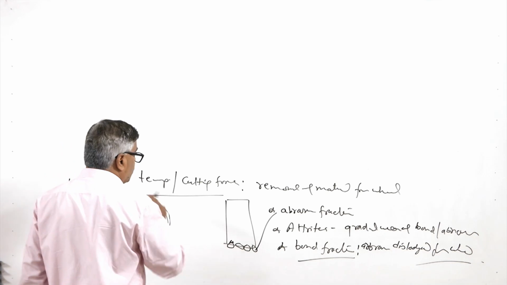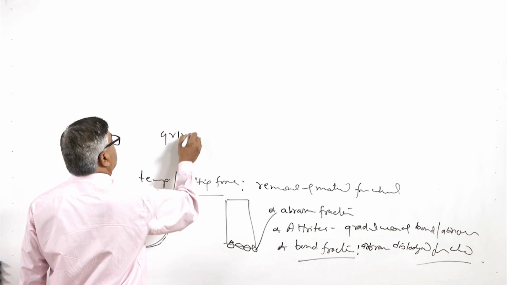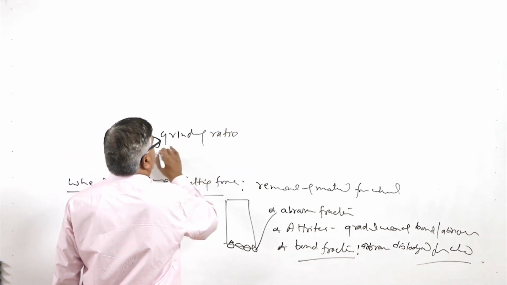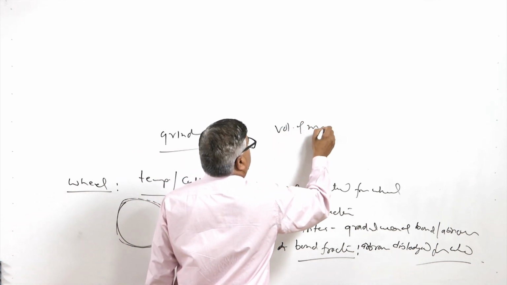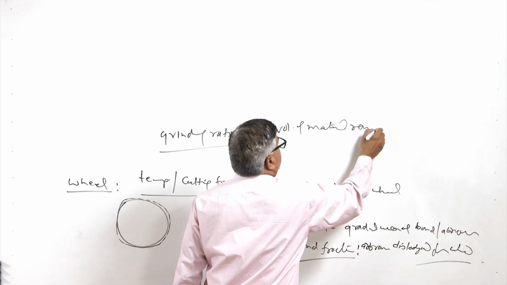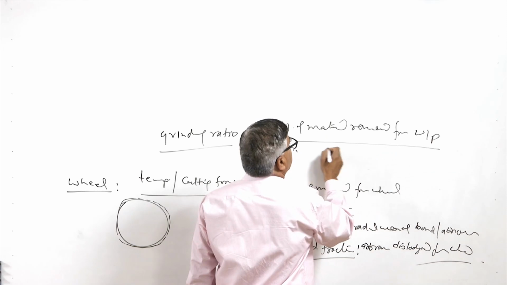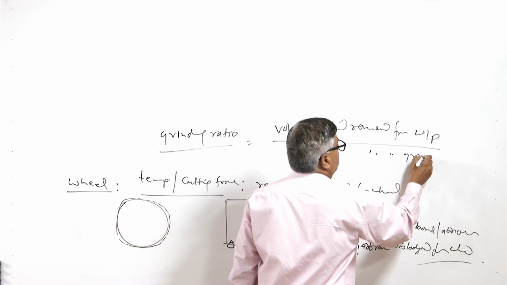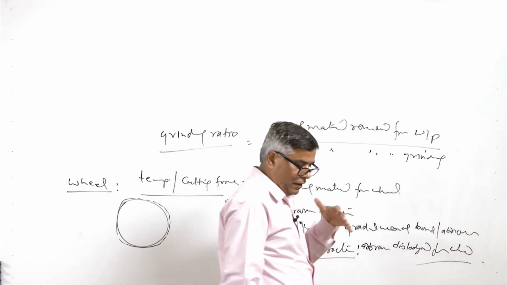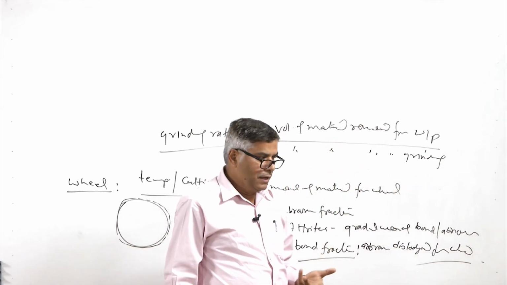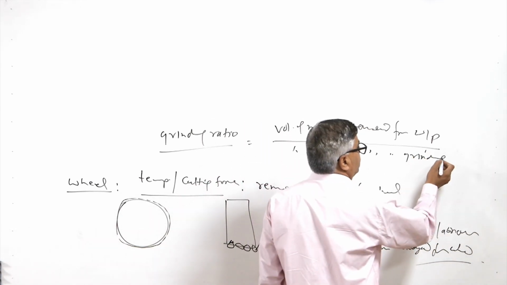So, to quantify this, people have developed one ratio which is called the grinding ratio. Grinding ratio is basically the volume of the material removed from the workpiece to the volume of the material removed from the grinding wheel, and this indicates how much material of the workpiece is removed as compared to the loss of the material from the grinding wheel.